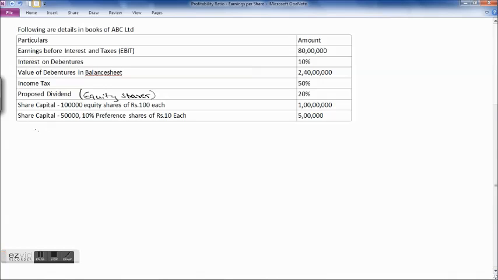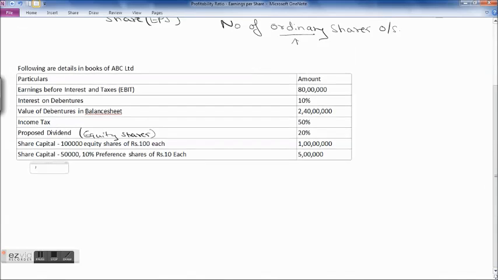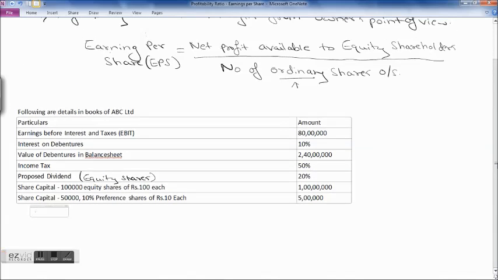Now this earning per share is from the equity shareholders' point of view. So let's first calculate the net profit available to the equity shareholders.